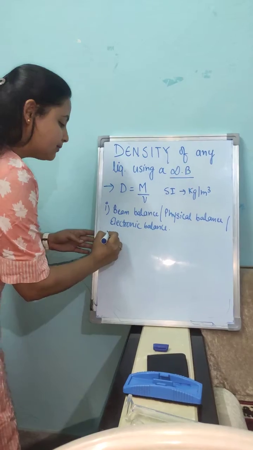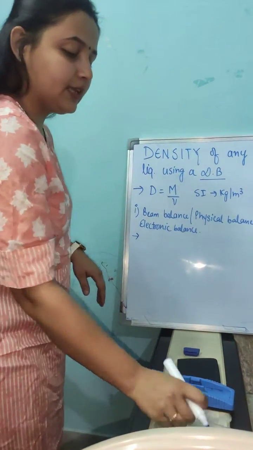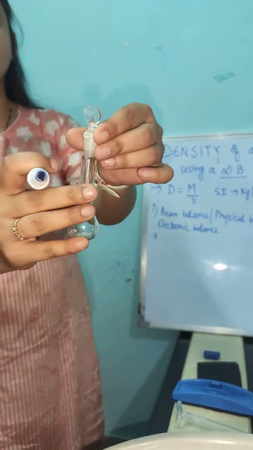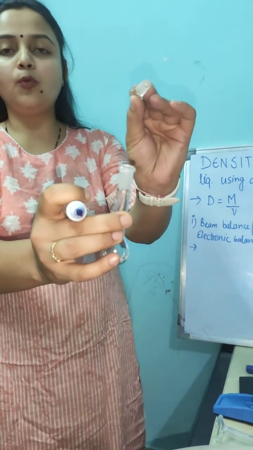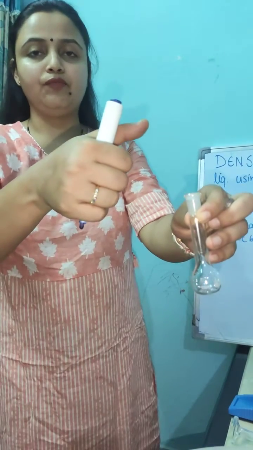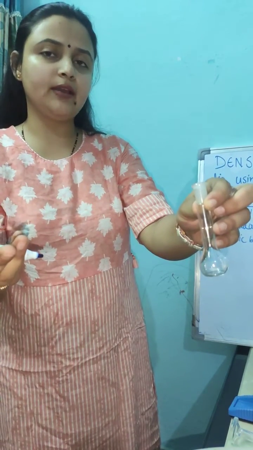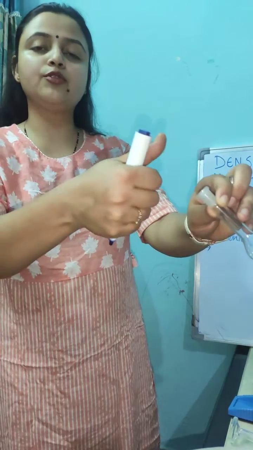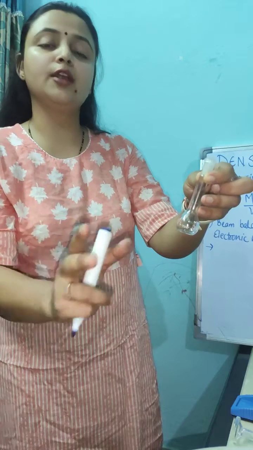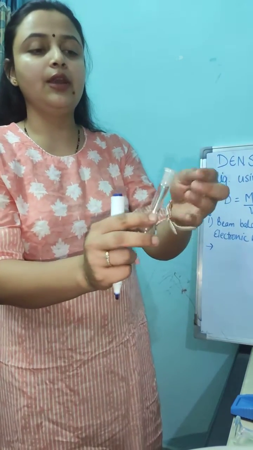The very first step is that you will take the density bottle, empty. You will open the opener, and dry it with the help of a dryer. I think you all know what a hair dryer is. With the help of a dryer, you dry it so that no impurities, no water drops, no chemical is left inside.